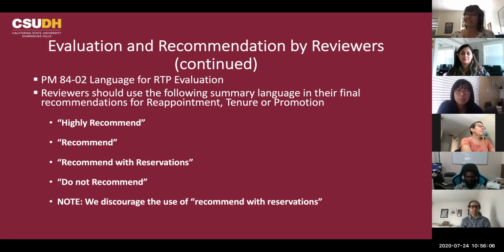Because remember I had said earlier that the president makes the final decision and all previous levels make recommendations. So there's boxes that will be checked. Those that are available per the language of the PM policy are highly recommend, recommend, recommend with reservations, or do not recommend.